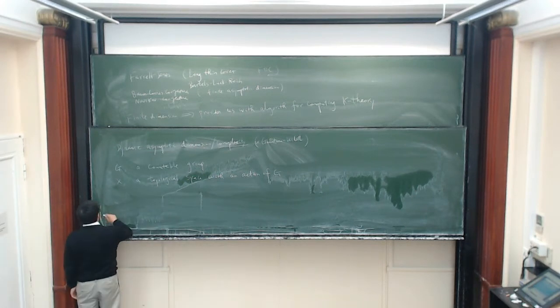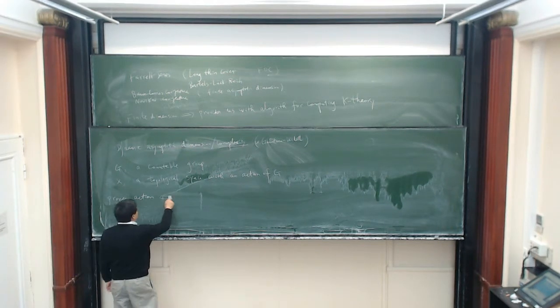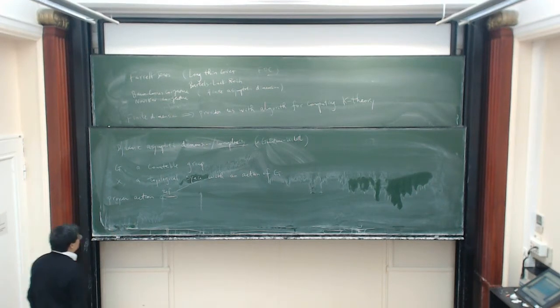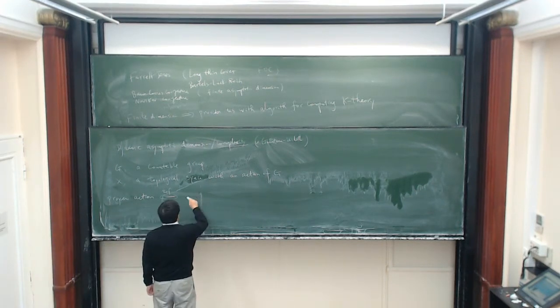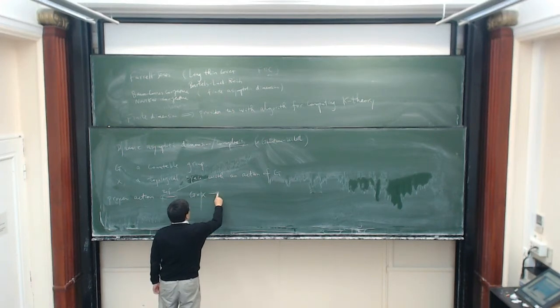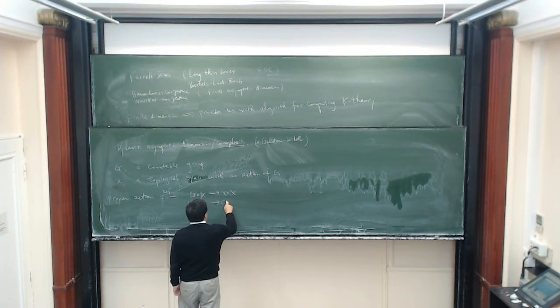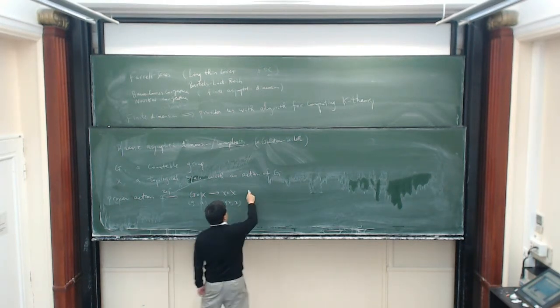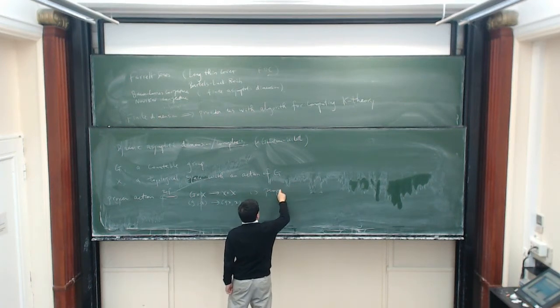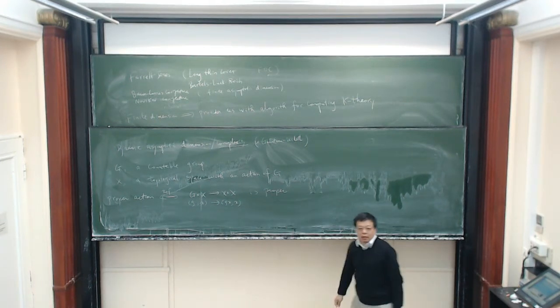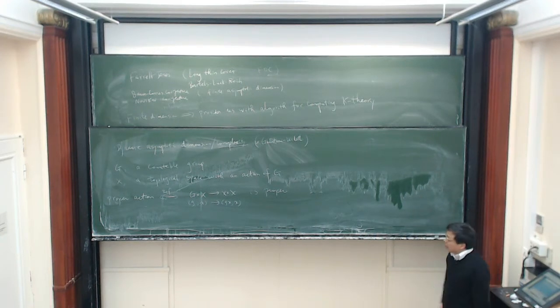So that's the situation of a so-called proper action. Okay, so this by definition means the following. If I look at the map, and this is proper, proper means that the inverse image of a compact subset is compact.